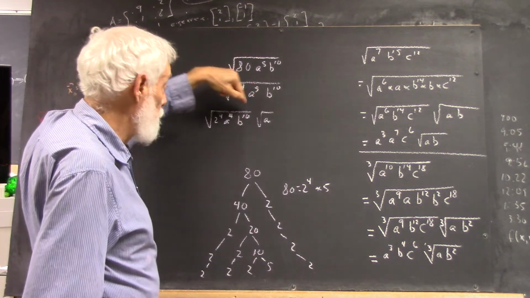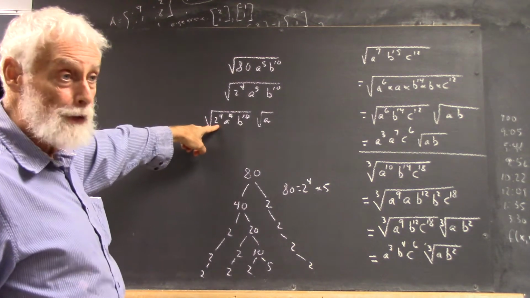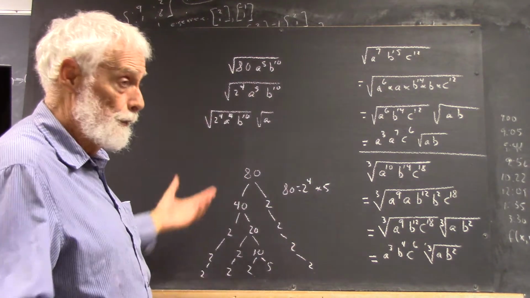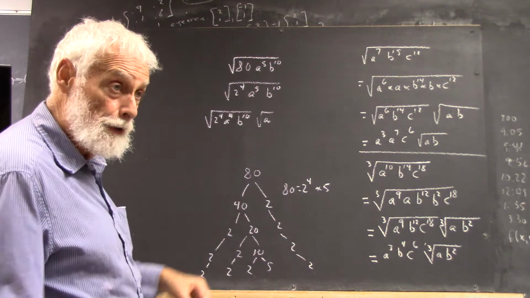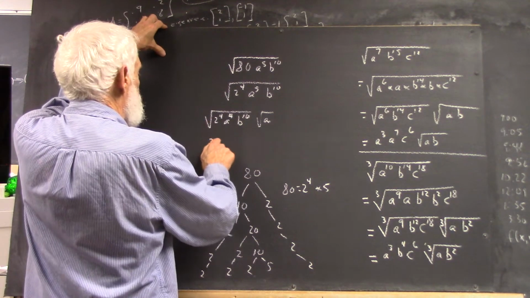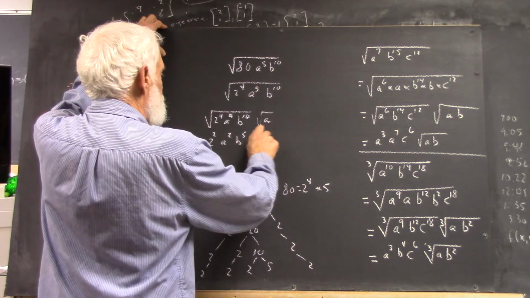I'm doing it a little quicker than I did, but the point now is just that 2 is just another symbol. Once I've done the arithmetic down here, I treat 2 like I would a, b, or a c, right? And what I get then with this square root is 2 to the 2nd, a to the 2nd, b to the 5th, times the square root of a.